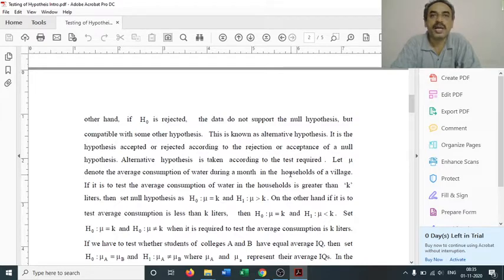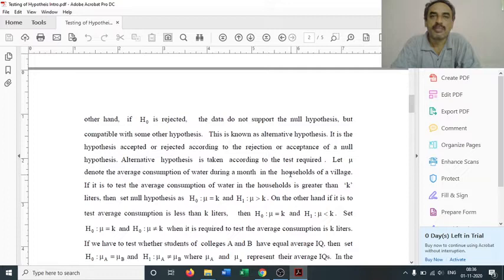So that is the alternative hypothesis. So based upon the sample taken, when we accept H0, mu equal to k, then we say that the data support that the average consumption of water in the village is k.